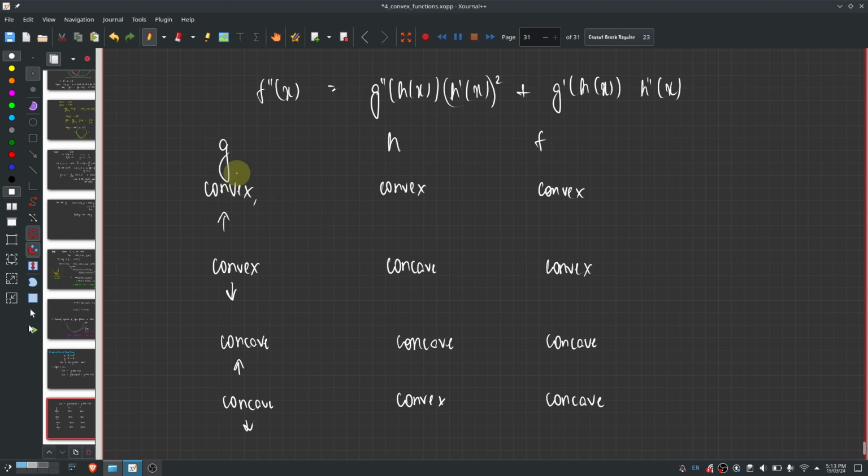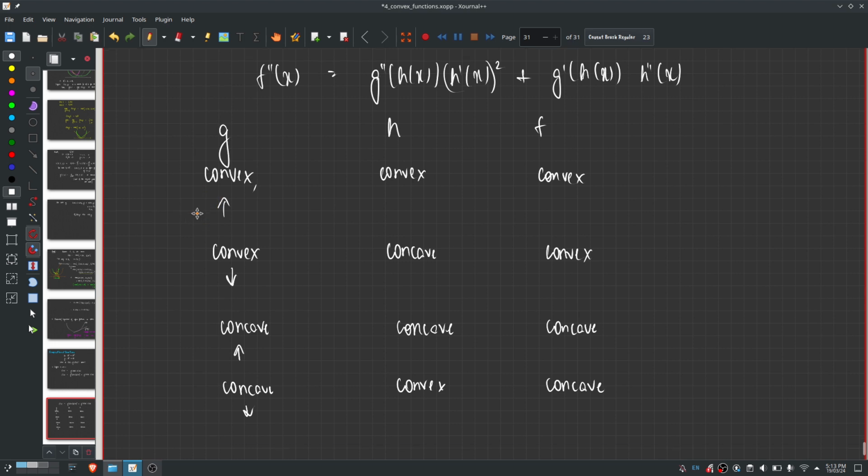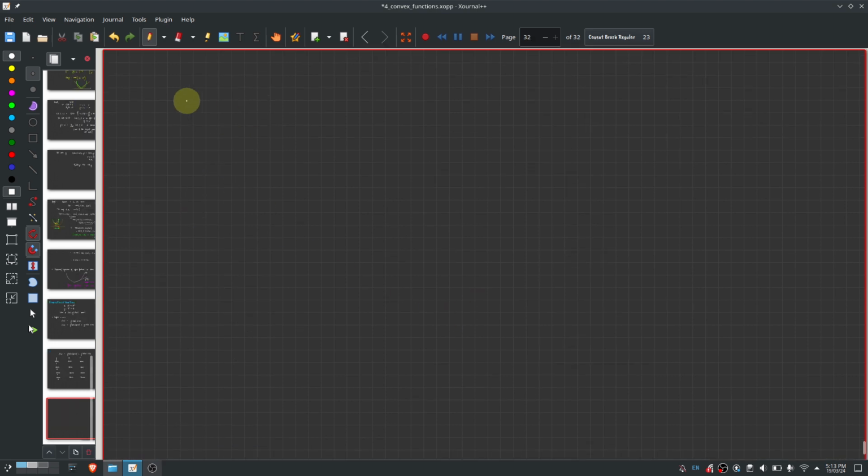So let's just try to prove the first set of conditions. So let g be convex and increasing and h be convex. We make no assumptions on the differentiability of either g or h.